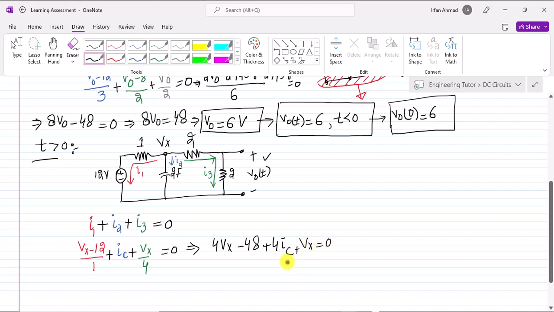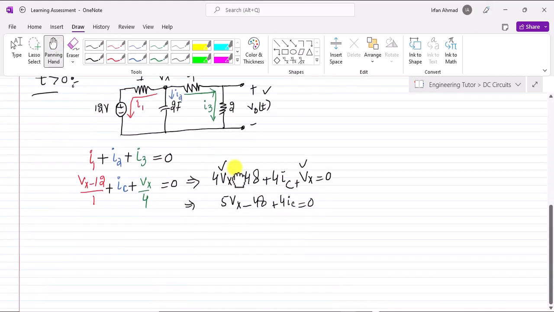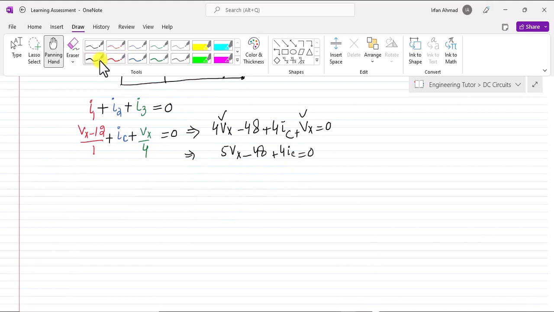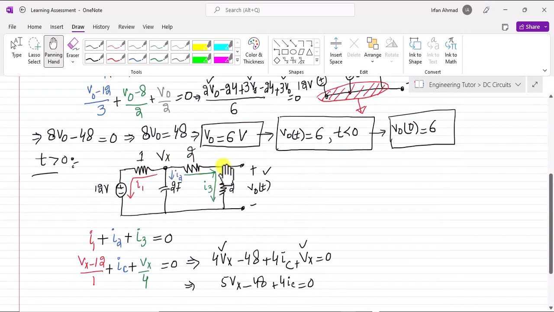Okay, so that is the equation here. Adding the Vx terms together, I will get 5Vx minus 48 plus 4IC equal to 0. Now in this equation we can very easily see the value of Vx and how to relate it to V naught of t.